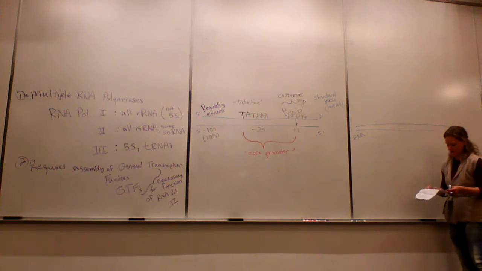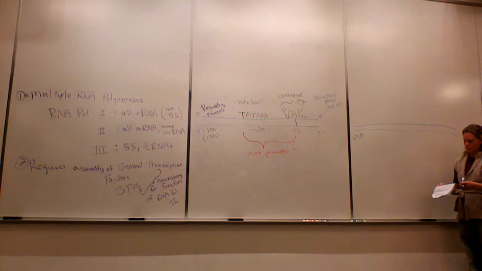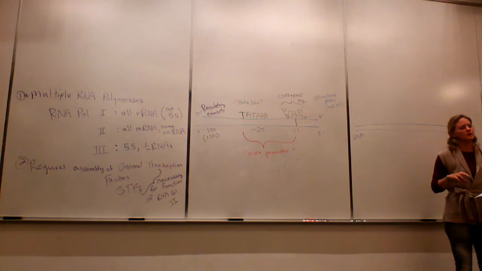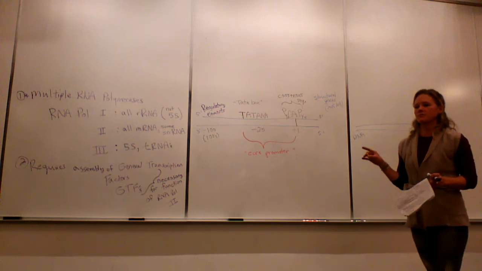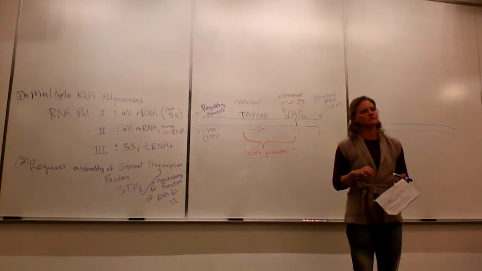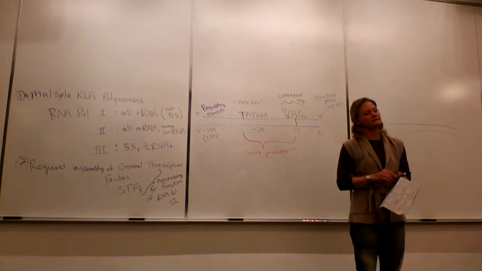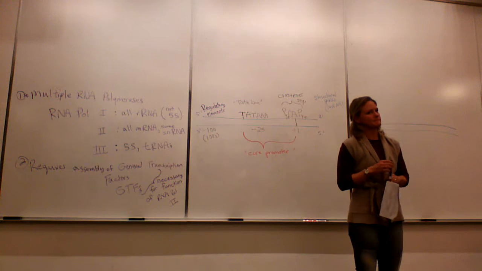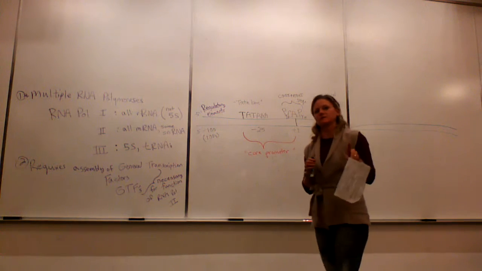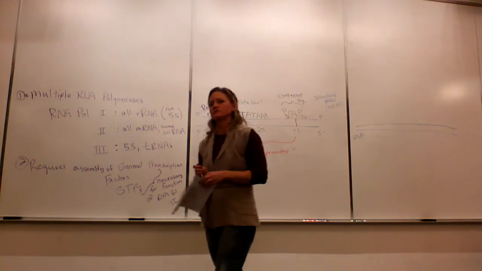Yeah, Jason's right. So sigma is the key one who's like, hey, there's the needle in the haystack, there's my gene start site, there's a promoter, I'm going to sit down. Eukaryotes are the same in that RNA pol 2 doesn't recognize and see the promoter sequence by itself. It needs help. Okay? It needs additional proteins to help find that start site.